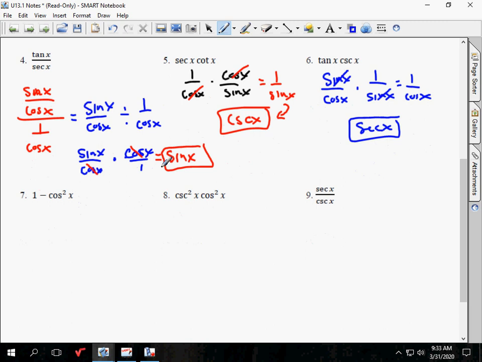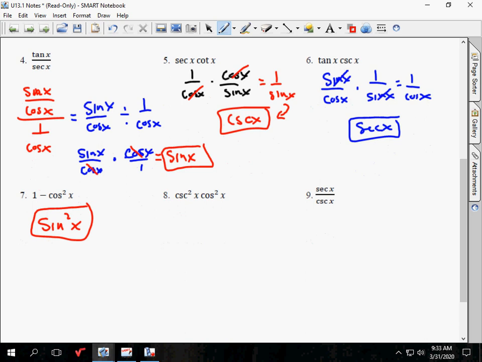Number 7, 1 minus cosine squared. So we have a trig function squared with a minus sign. Look back at your Pythagorean identities, and that should equal sine squared x. All right, number 8, cosecant squared x times cosine squared x.